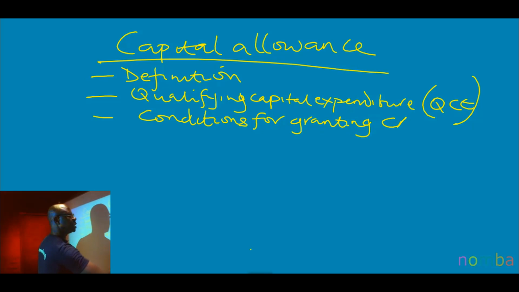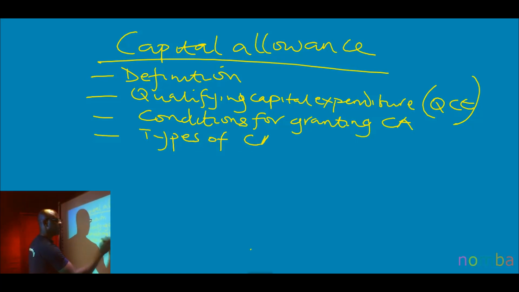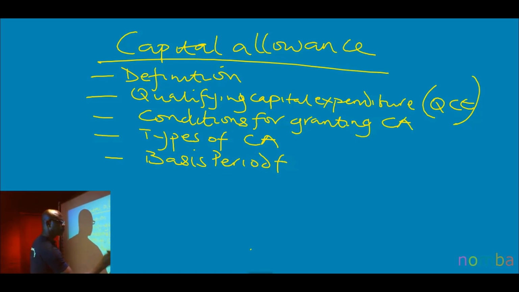Permit me to use CA here, capital allowance. Types of capital allowance, types of CA. Are you there? Basis period for capital allowance, basis period for CA. Next, disposer.